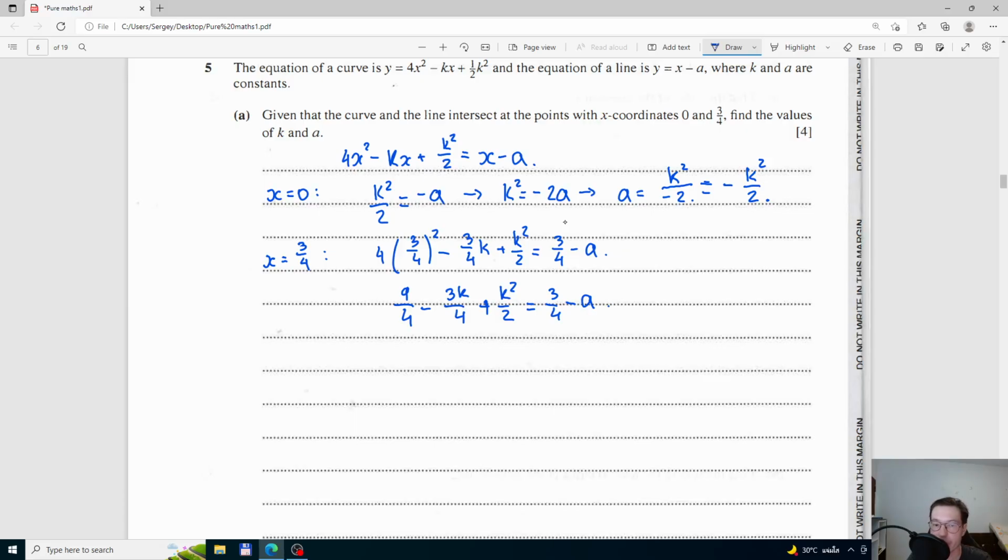Okay, so now we know that a equals minus k squared over 2, and I can actually substitute it into this equation. Now minus and minus will give me plus, so it's plus k squared over 2.